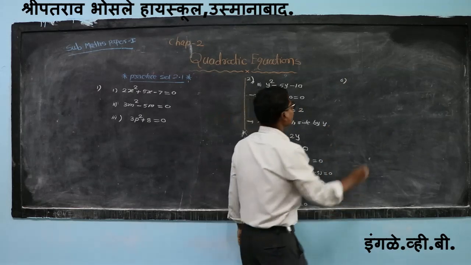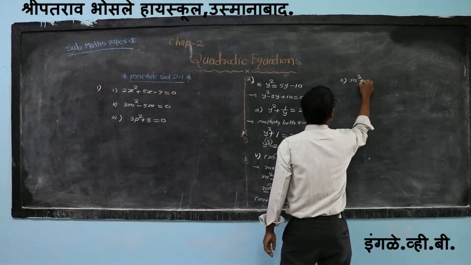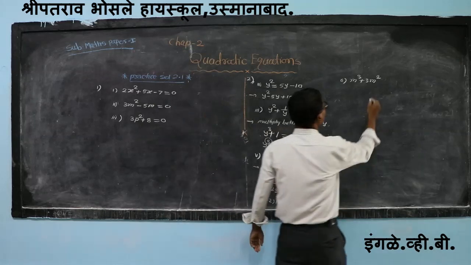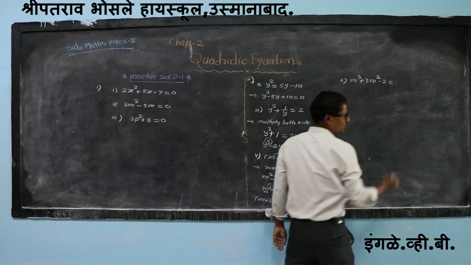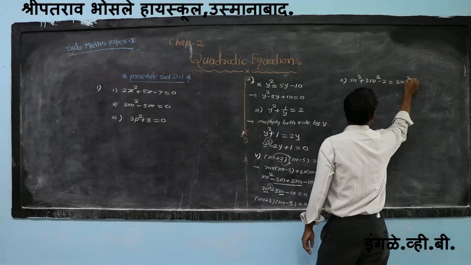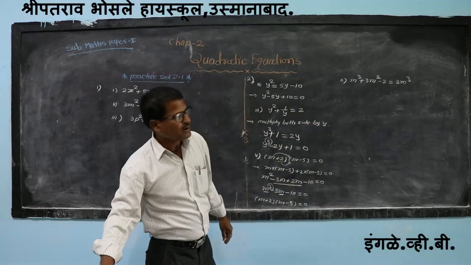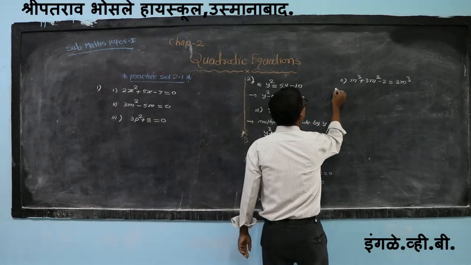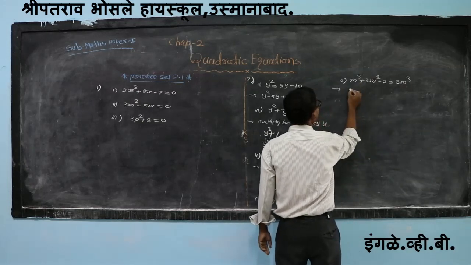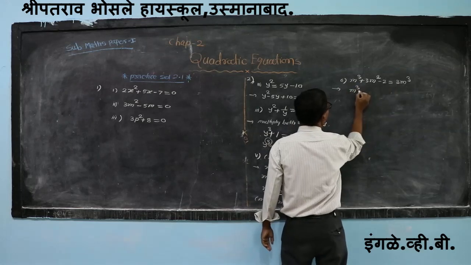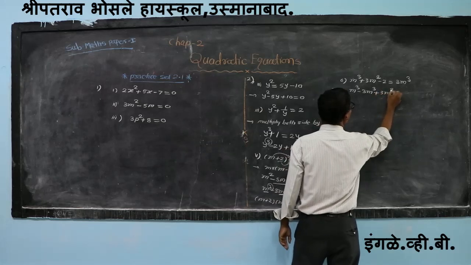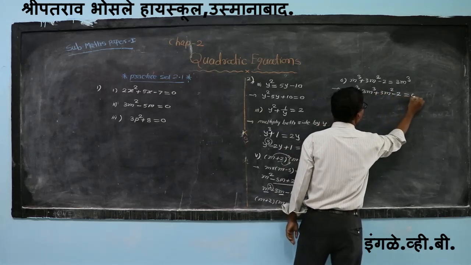m cube plus 3m square minus 2 is equal to 3m cube. Now here, take 3m cube to the left hand side: m cube becomes minus 3m cube plus 3m square minus 2 is equal to 0.